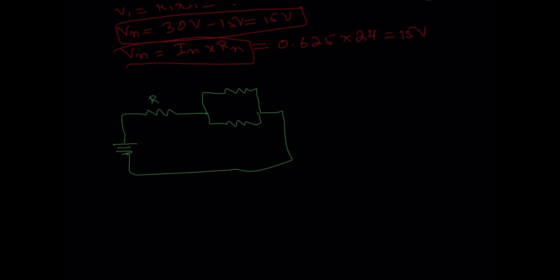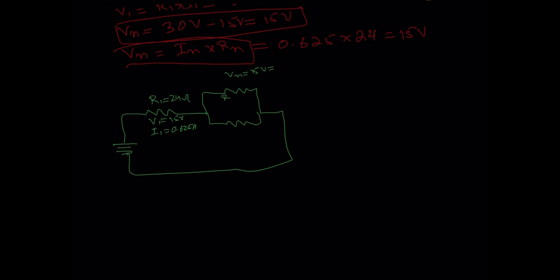R1 was 24 ohm, the voltage drop was 15 volts, and I1 is 0.625 amp, and Vn here was 15 volt.